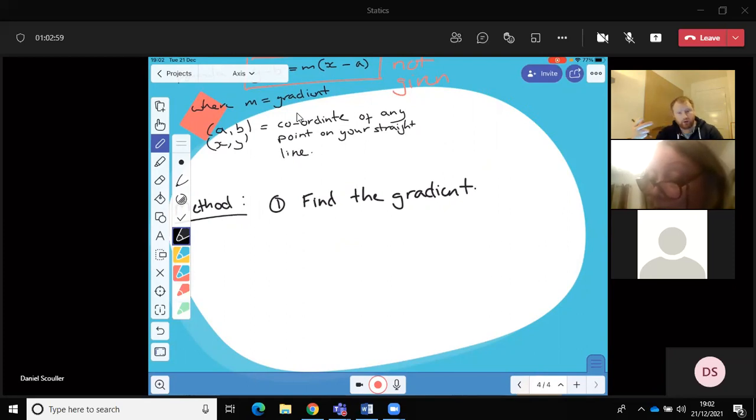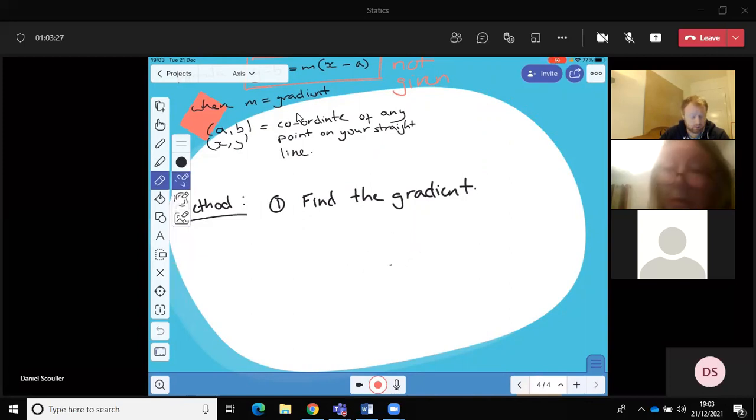If you've got the 2 points, we're just doing y2 minus y1 over x2 minus x1, changing y over changing x. So you're either given it to plug into your equation, or you need to find it using those 2 different points.